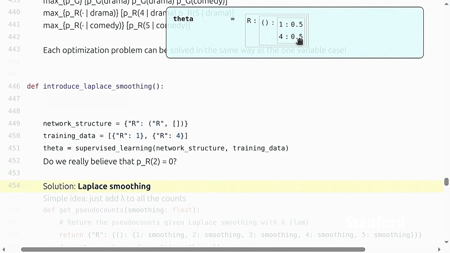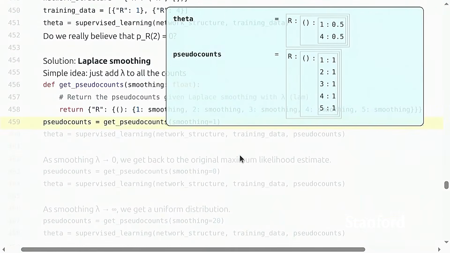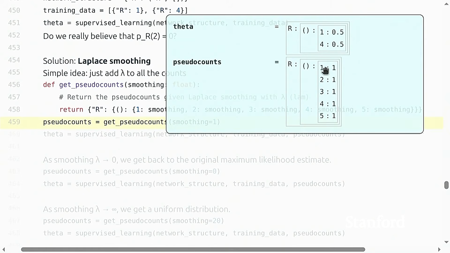So the solution here is Laplace smoothing, and it's a very simple idea. The idea is that you just add some smoothing factor lambda to all the counts. We're going to call these pseudo counts.